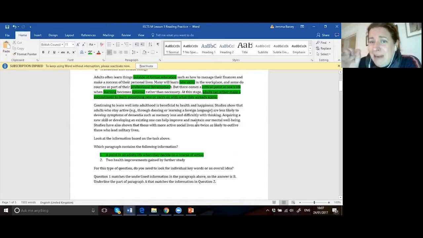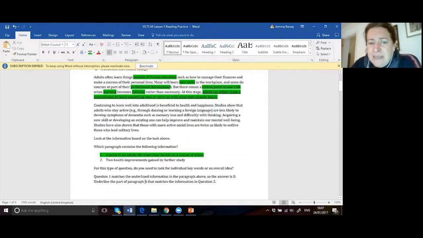You're not looking for an exact answer, as in what year was it or what was his name. You're trying to get the overall idea of the paragraph. So question 1 matches the underlined information in the paragraph, so the answer is B.